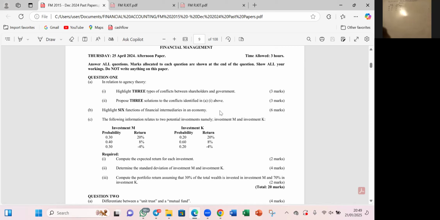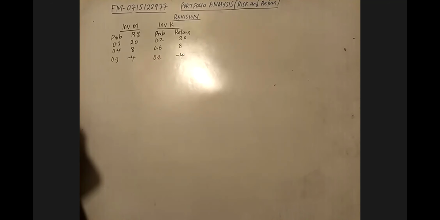So number one, expected return of each investment. Number 2, the standard deviation of the two investments. Number 3, assuming the portfolio is 30% of the total wealth in investment M and 70% in K, we are supposed to compute the portfolio return. That one is okay. So we can do it together.